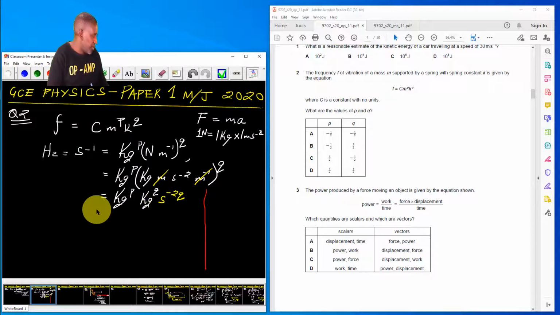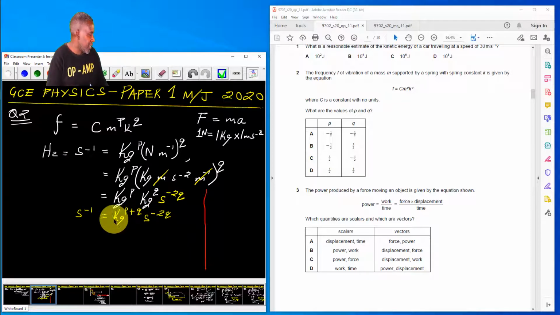Now, at this point, I would write the unit on the left, which is per second. This is kilogram raised to power P times kilogram raised to power Q. I would say it is kilogram raised to P plus Q. Just need to add their powers, times seconds raised to -2Q.